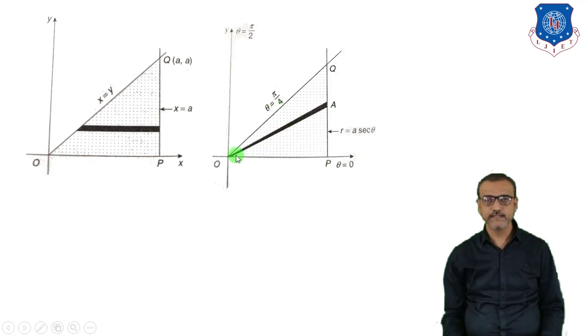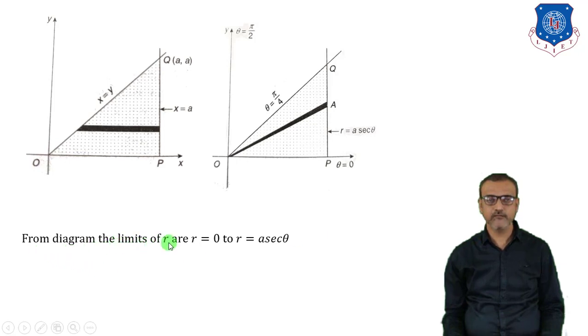So from this diagram you can see that theta will vary from 0 to pi by 4, and r will vary from 0 to a sec theta. From diagrams, the limits of r are r equals 0 to r equals a sec theta.